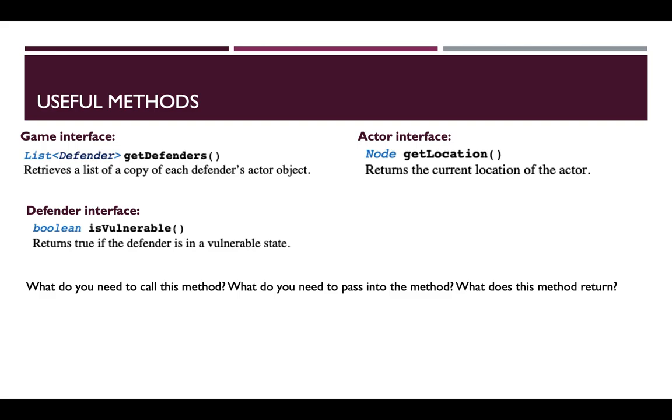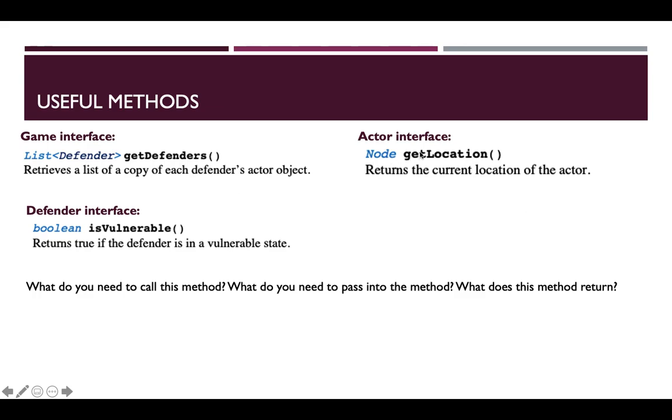But now, knowing that, what if we don't want just the object, but we actually want the location, so the node, of a defender? Well, that's when you would connect this with getDefenders. You would get the list of defenders, and then for each of those defenders, if we wanted to get the locations, we would have to call getLocation individually on them.